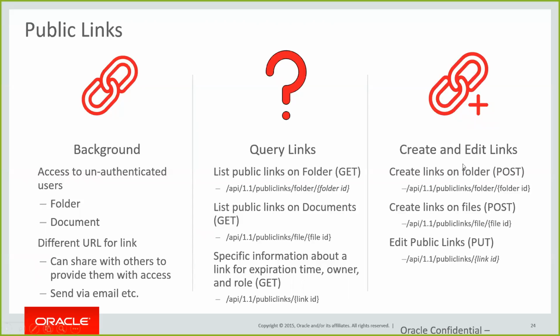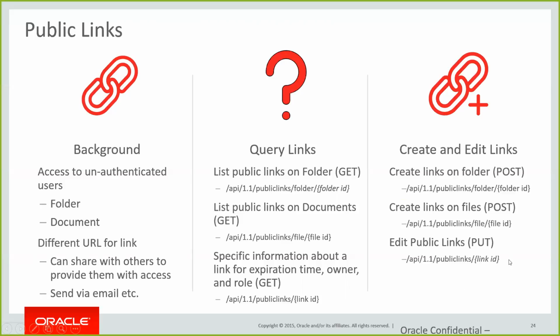So we have this public link service that is using the HTTP POST method. This creates a public link on a folder identified by the folder GUID, a generated unique ID for that folder. You can also create a public link for a file, and you can edit an existing public link.